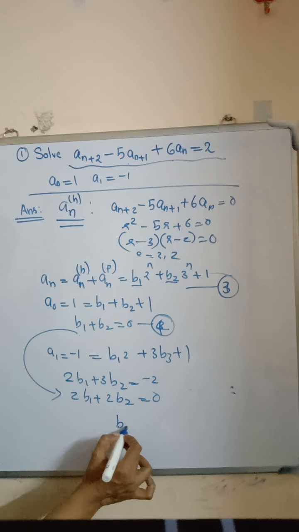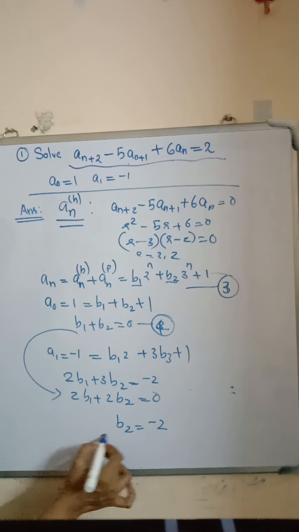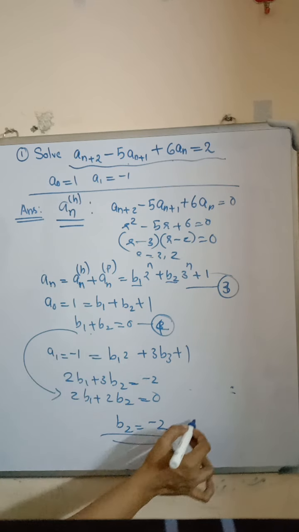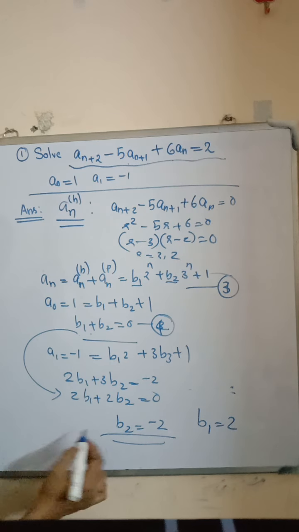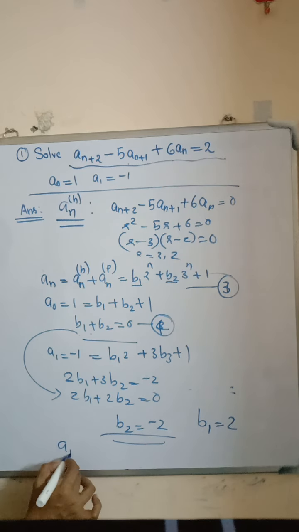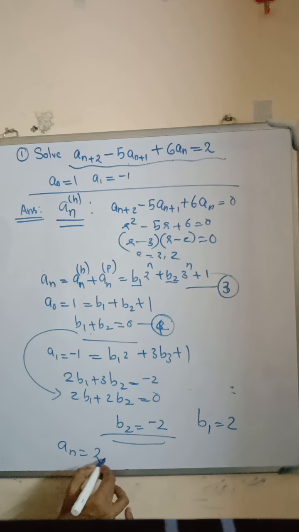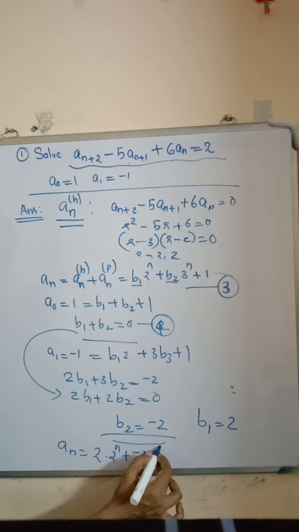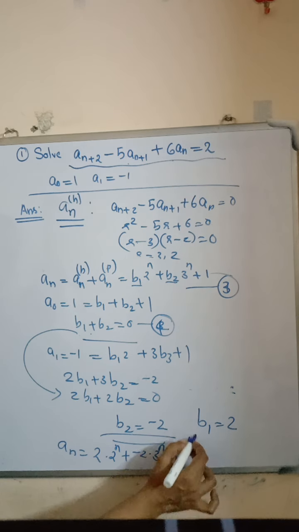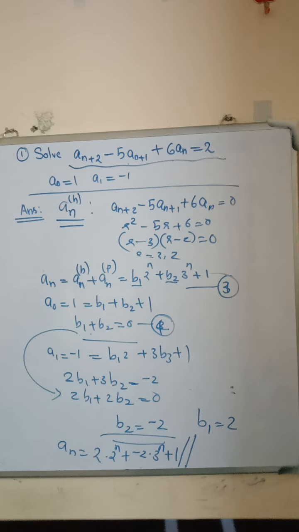Subtracting, we get B2 is equal to minus 2. Then from equation 4, B1 is equal to 2. Therefore, the general solution a n is equal to 2 into 2 raised to n minus 2 into 3 raised to n plus 1.